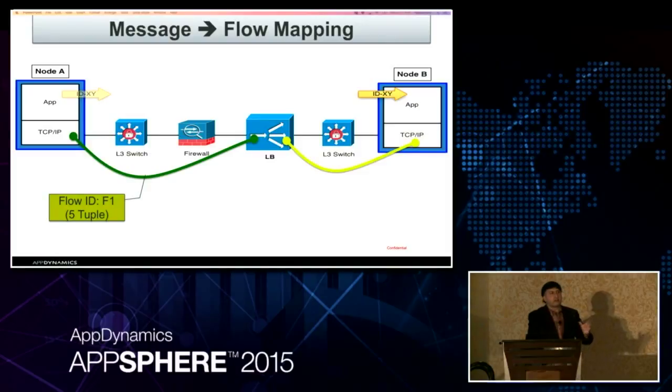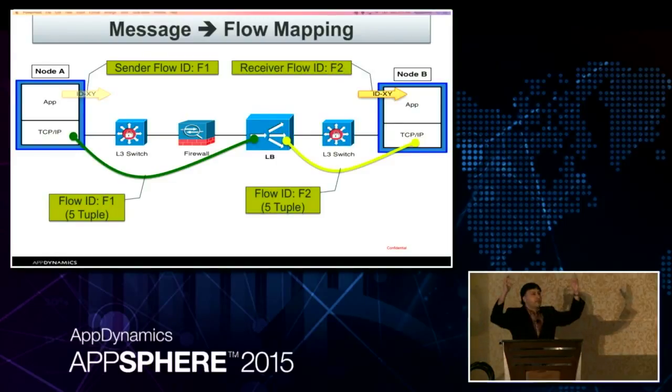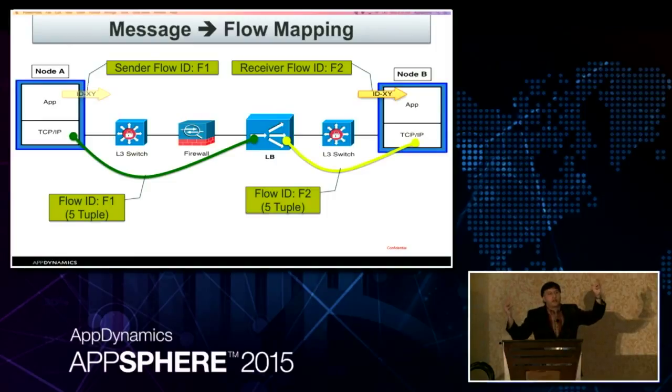Since we're doing lightweight packet captures on node A and node B using the machine agent, we extract source IP, source port, destination IP, and destination port information from TCP flows. And then we get the same source IP, source port, destination IP, destination port information from the business transaction. And that's how we can tie a specific business transaction directly to a specific TCP connection.